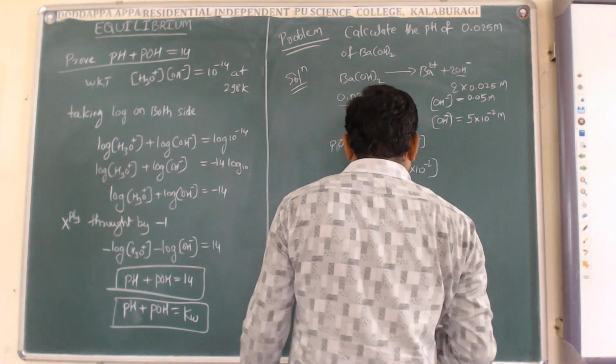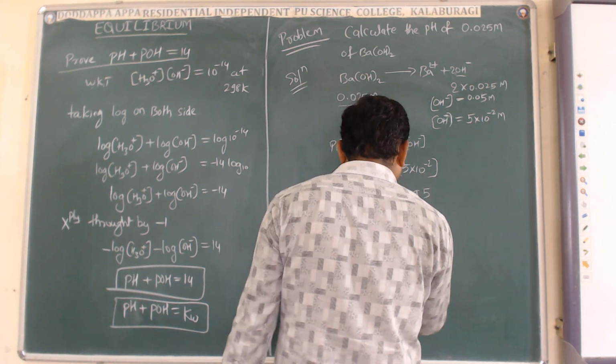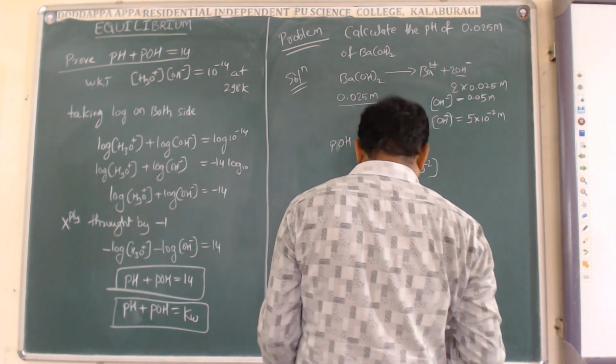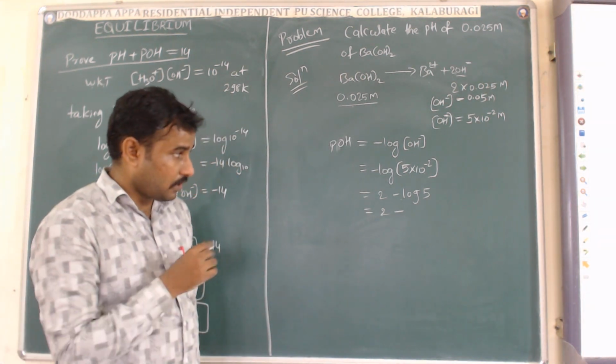Next, how do we solve this? There are two values here. We know 2, and you have to find out the log 5 value.